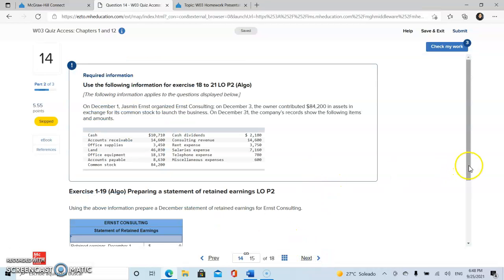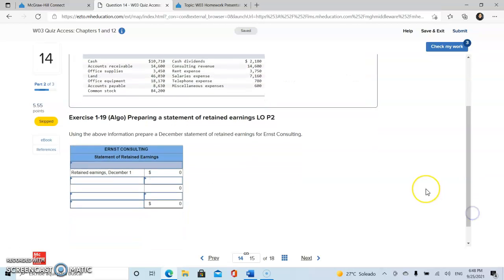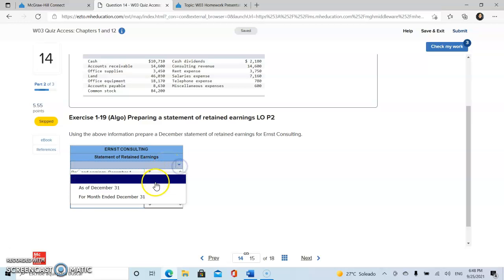So we're going to go ahead with problem 14. For problem 14, we are required to prepare a statement of retained earnings. This statement reports how retained earnings change over the reporting period, which in this case will be for the month ending December 31st.